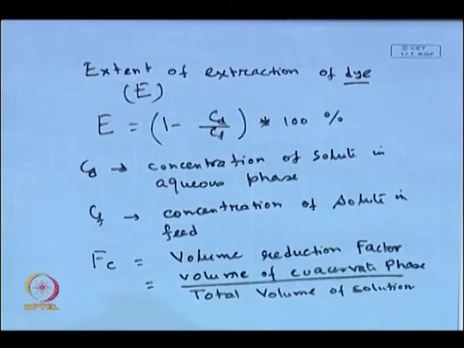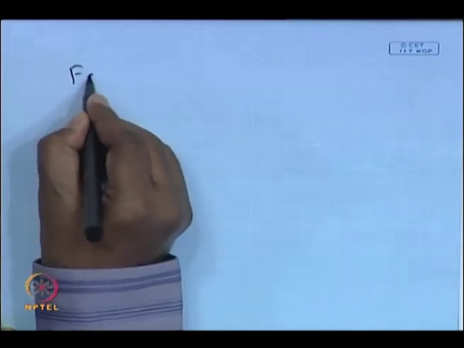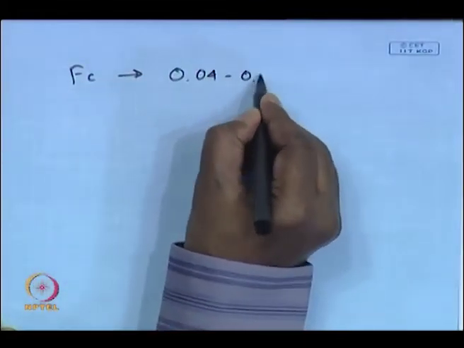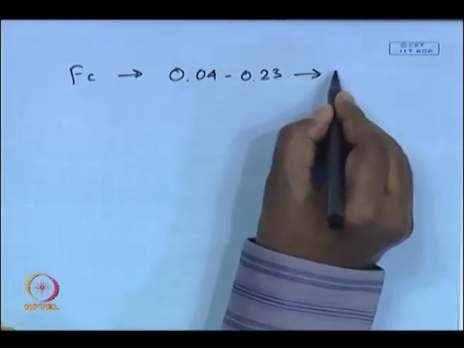Typically the value of Fc will be in the range of 0.04 to 0.23 for various operating conditions.